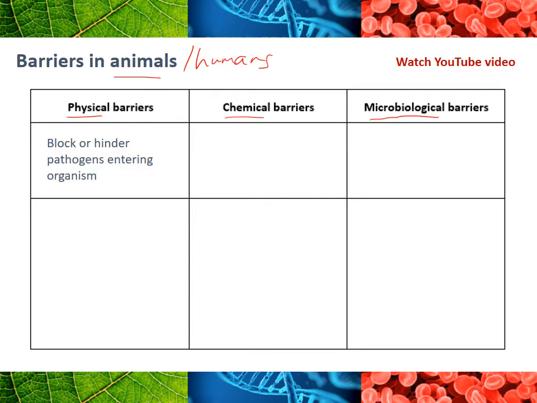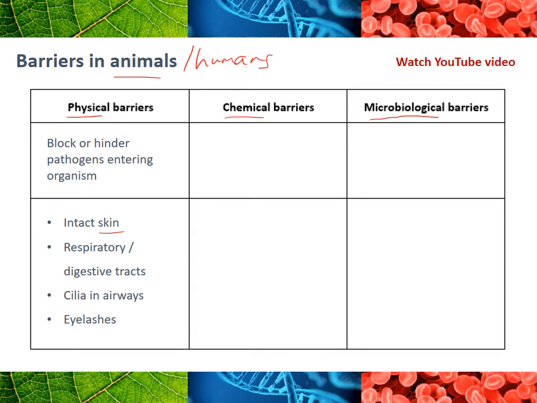Physical barriers are things that basically block or stop pathogens entering the organism. So if you think about your own body, you could probably think of some obvious examples of this. The major one is our skin. Okay, the skin is actually kind of our most important immune organ. It stops most pathogens entering our body.